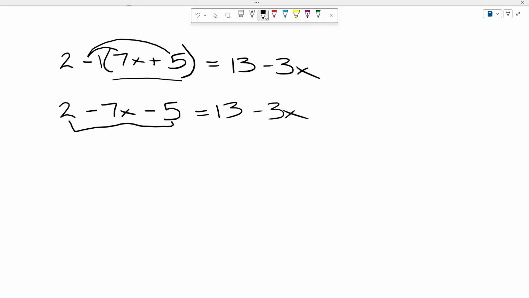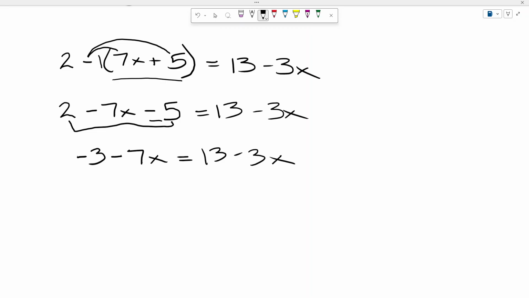So if we take the 2, and don't forget the minus here, 2 minus 5 will come out to negative 3, and then we're still minus the 7x, and then this is equal to the 13 minus 3x, okay?